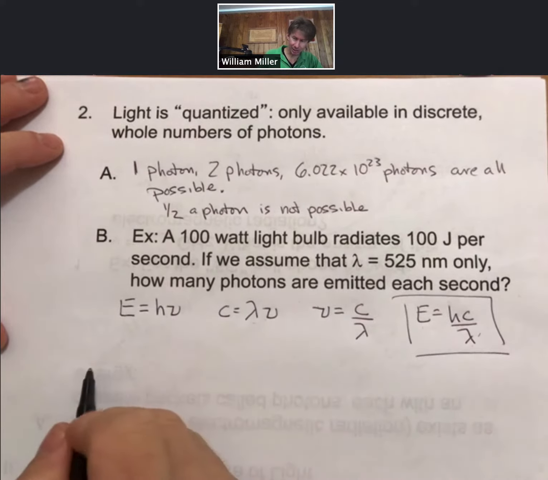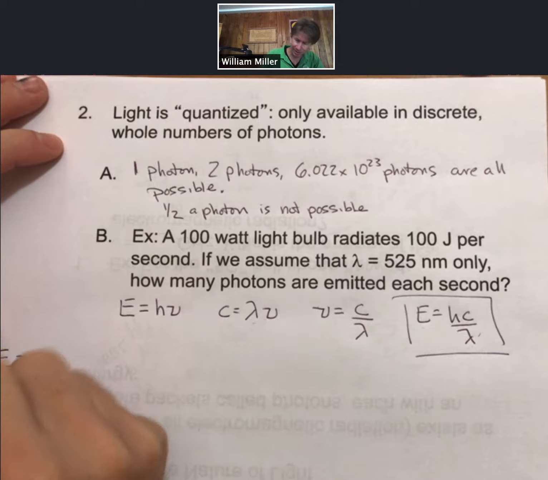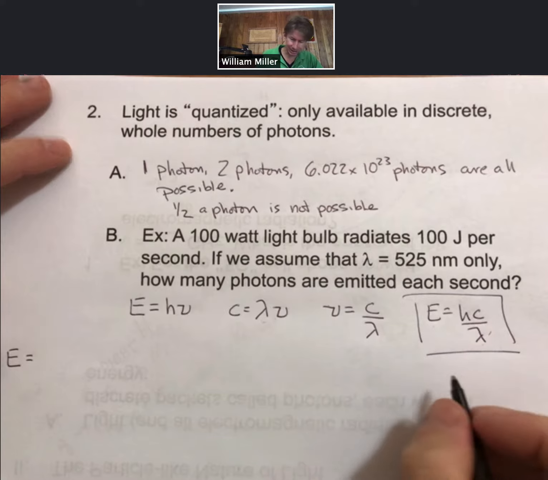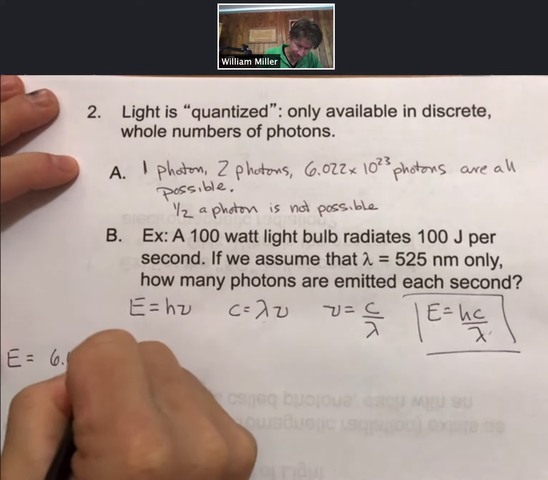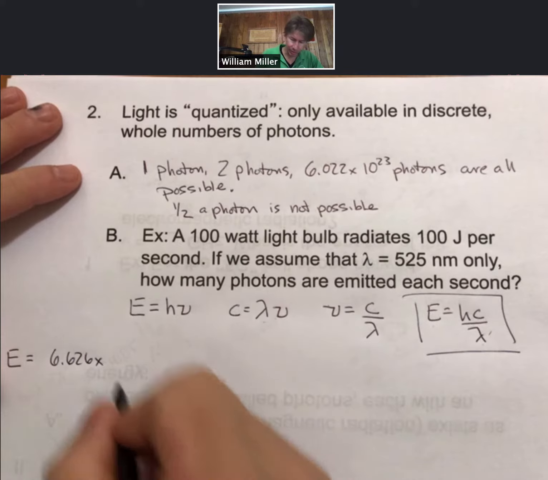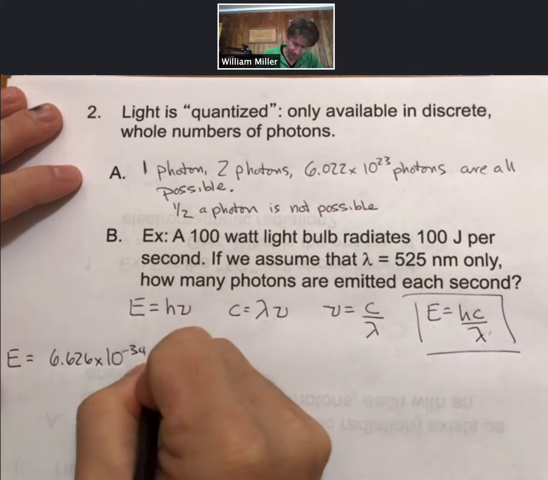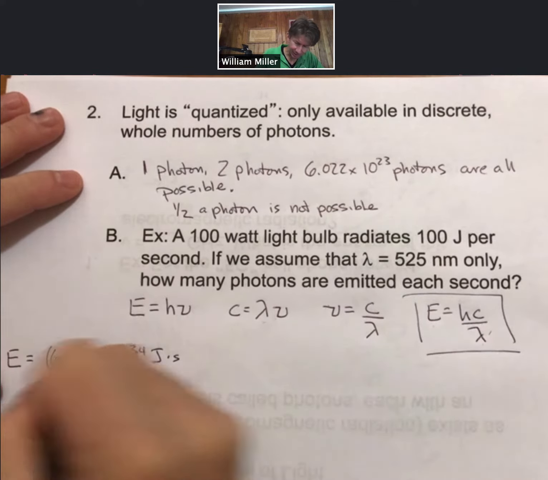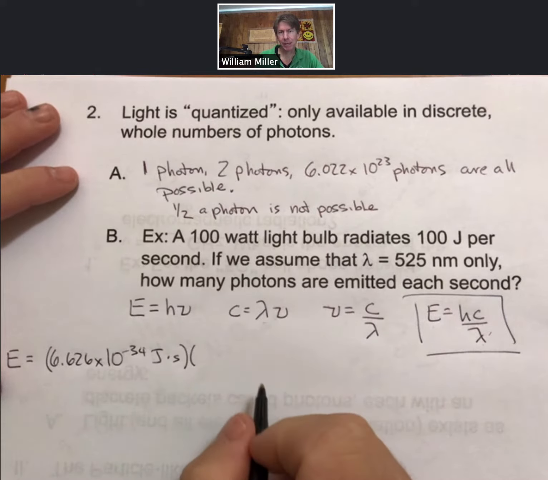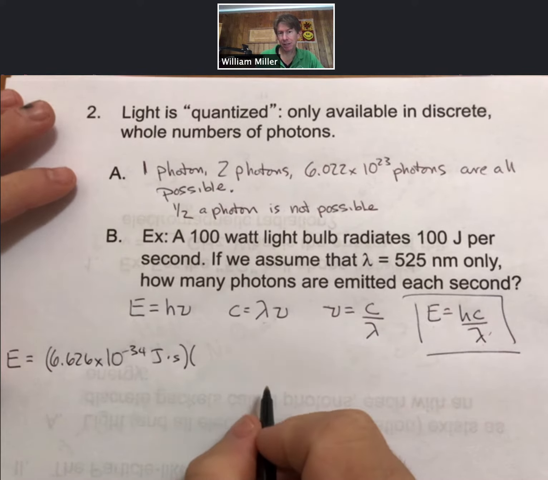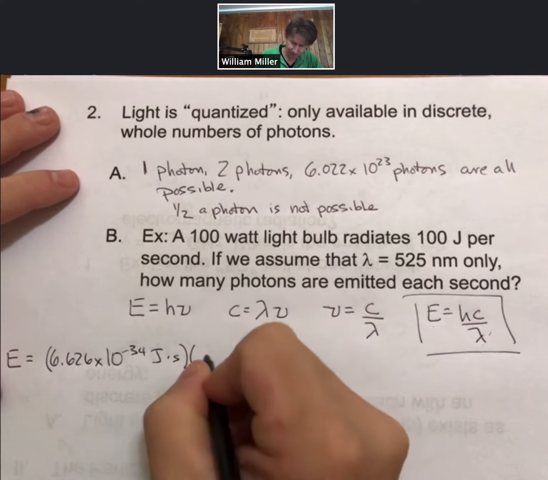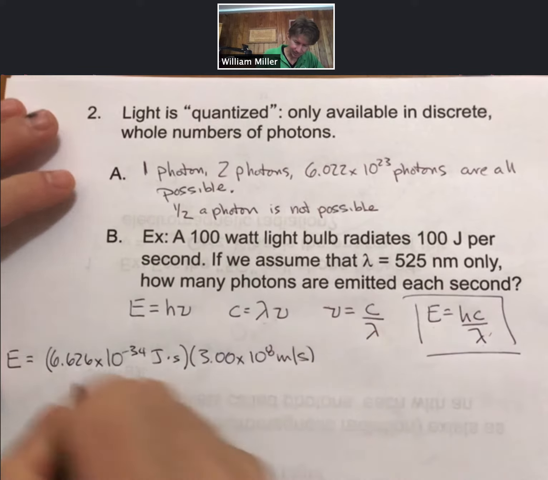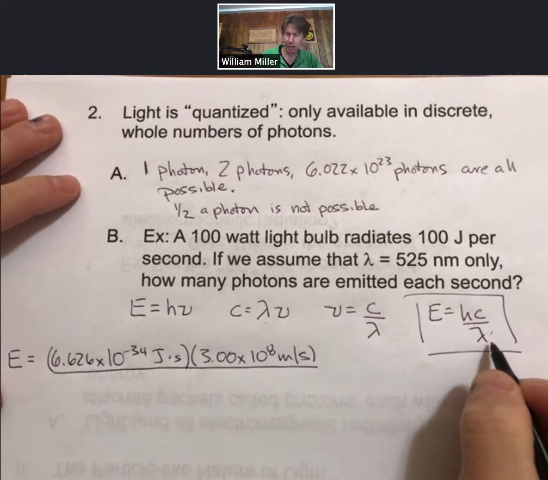So hc over wavelength, h is Planck's constant, 6.626 times 10 to the minus 34th joule seconds. c is the speed of light in a vacuum, or the speed of electromagnetic radiation, 3.00 times 10 to the 8th meters per second, divided by my wavelength.